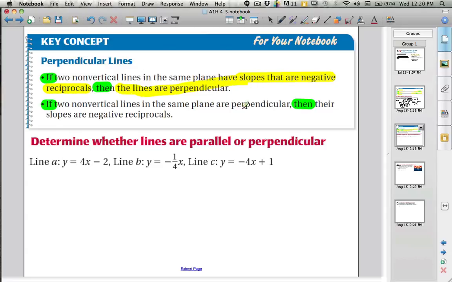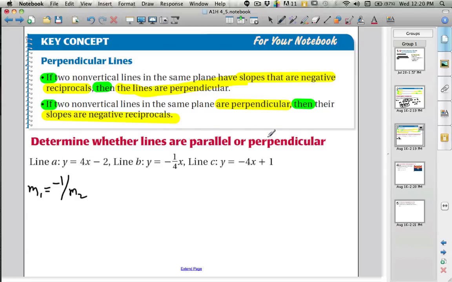If the lines are perpendicular, the slopes are negative reciprocals. And the way that would look is slope 1 is the negative reciprocal of slope 2. That's how you would calculate it out.